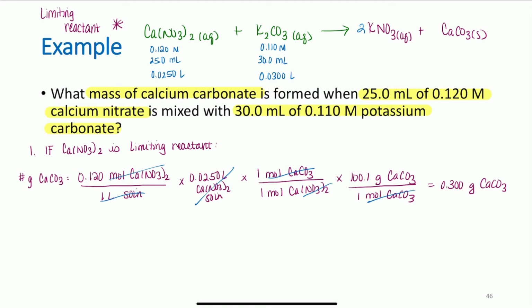But I'm not done. I have to figure out the other way too. What if potassium carbonate was my limiting reactant? How many grams of calcium carbonate could form then?